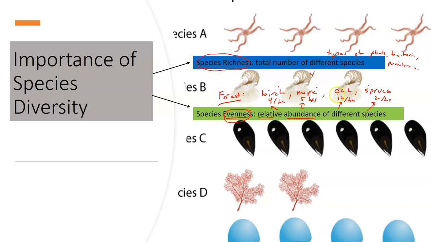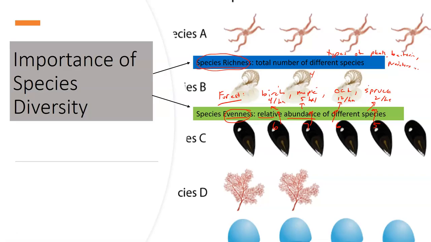So this is definitely a forest that looks to be dominated by oak trees, right? If I only had 1 spruce per hectare or something like that, I would say we have pretty low evenness. If these numbers were equal, so if this was like 6 and 7 and 6 and 5 for each of those, that would be a more even distribution of those species.